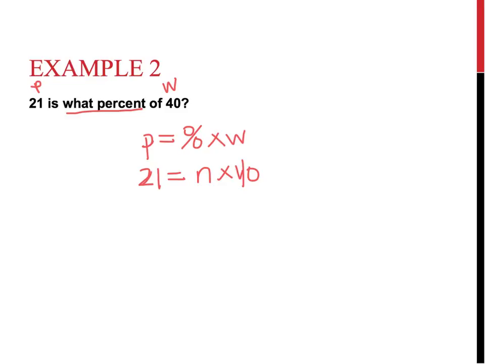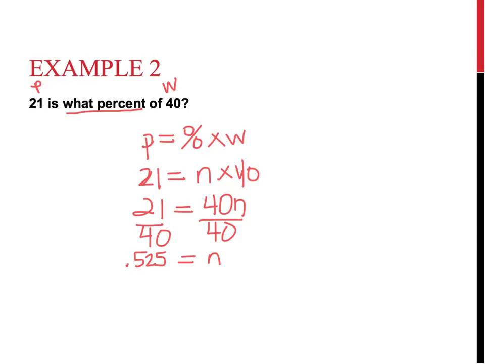So how do we solve this? We can do 21 equals n times 40, which is 40n. Now remember, we have to get that variable by itself, so we divide by 40, and we use our calculator, and we get n is equal to 0.525.